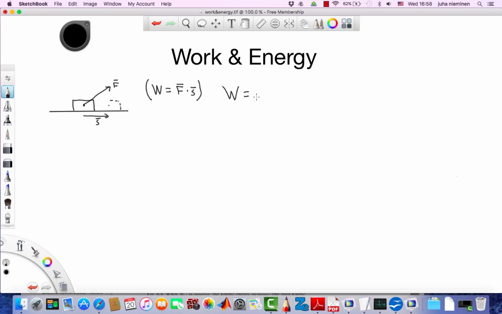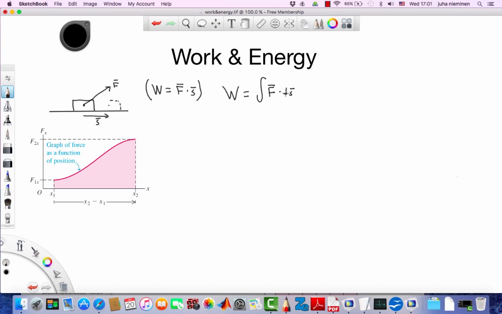And in that case, we have the integral of F over some infinitesimal displacement. So instead of having S, we have a ds. And this concept can be illustrated by this graph.